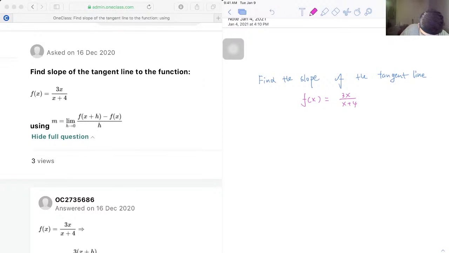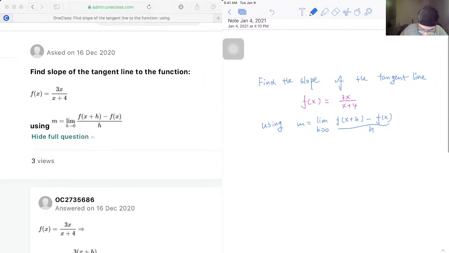And we are asked to use m equals the limit as h approaches 0 of f(x plus h) minus f(x) over h.